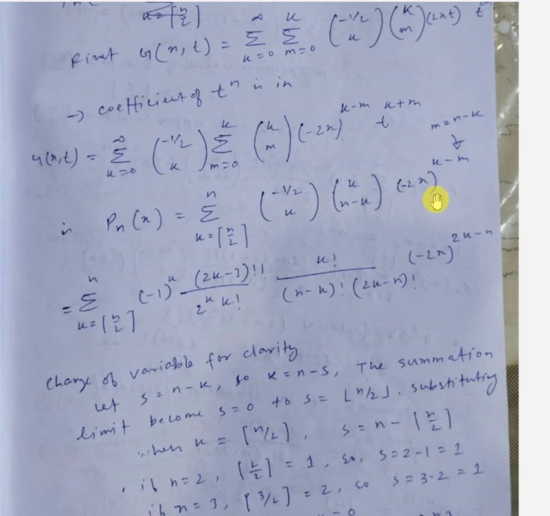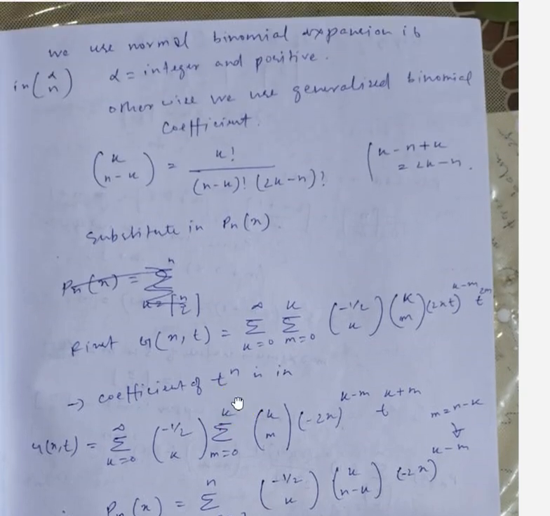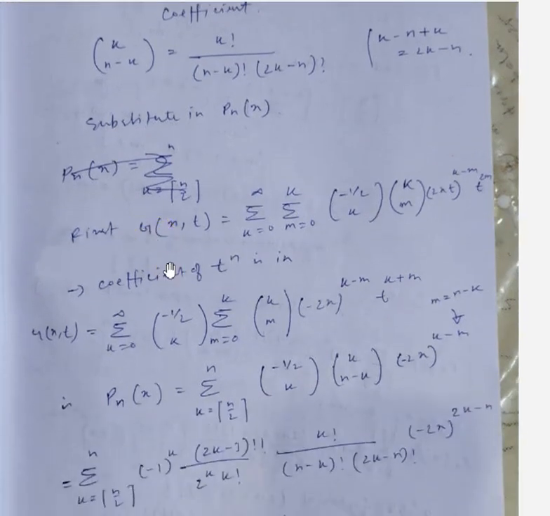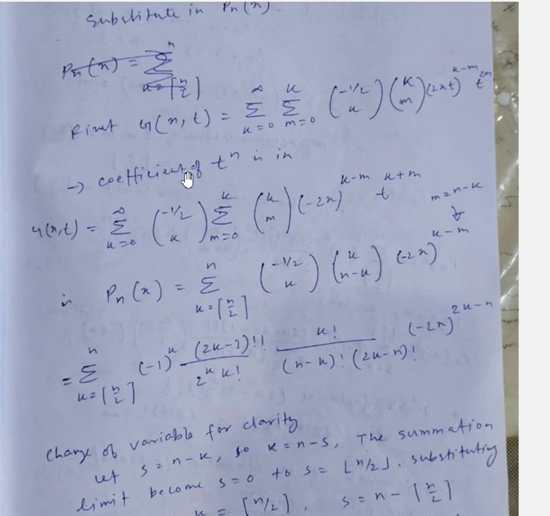So now we write the generating function like this, and we can substitute the value: n minus k and n minus k, so 2k minus n, right? This should be equal to P of n.